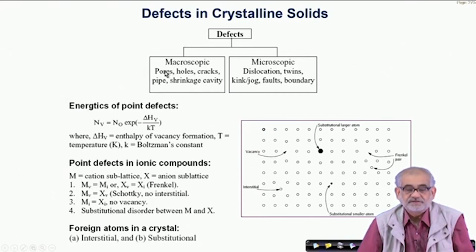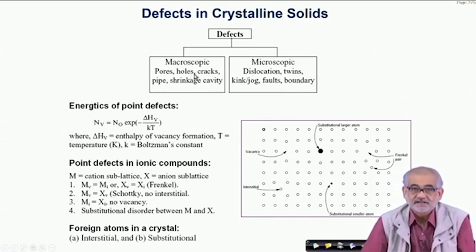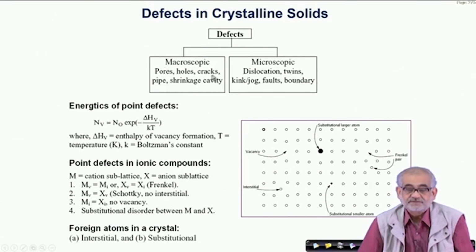And these could be, for example, the pores or the porosities, the various kinds of shrinkage cavities leading to holes and formation of pipes in cast structures. Even there could be cracks on the surface of various sizes and dimensions. These are visible, as I said, to the naked eye or at low magnification, maybe with a magnifying glass.